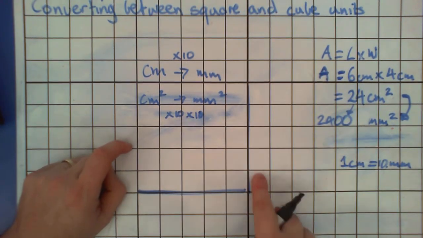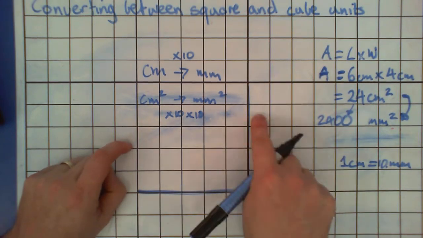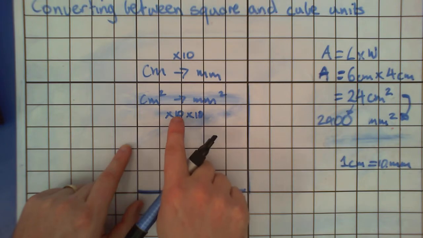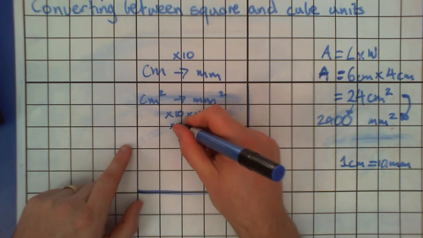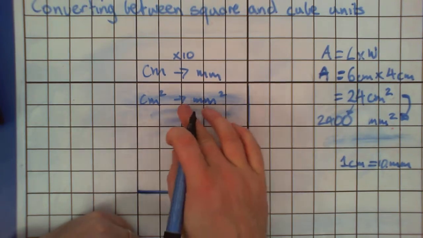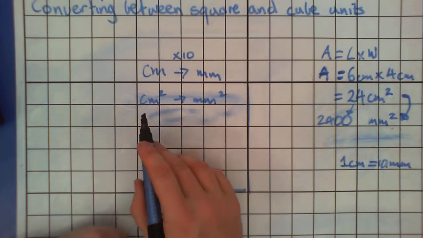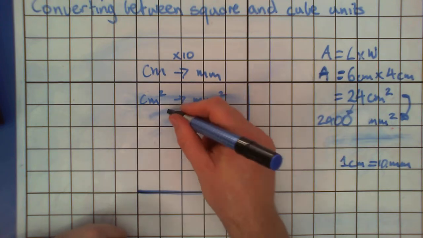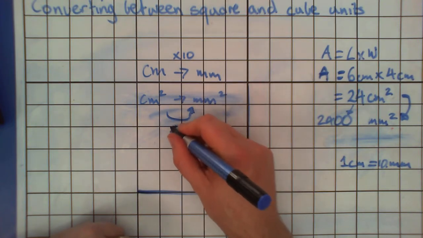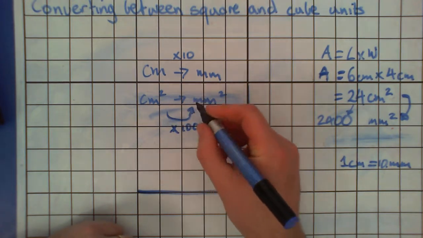We need to convert both of our dimensions. Okay, and we can simplify this further. We can go 10 times 10, well, that's 100. So we can skip a step here and just remember that we need to multiply by 100 if we're going to convert from centimeters squared to millimeters squared.